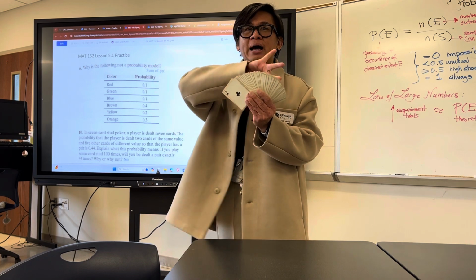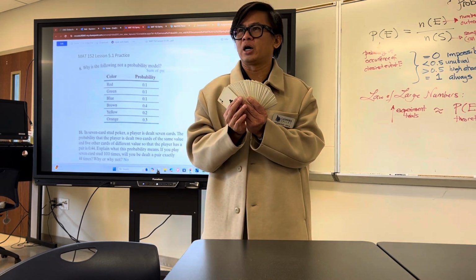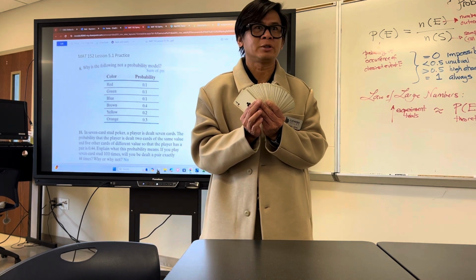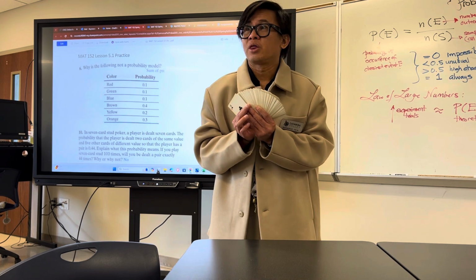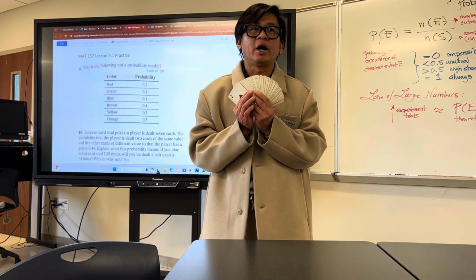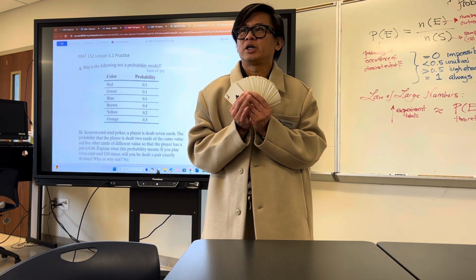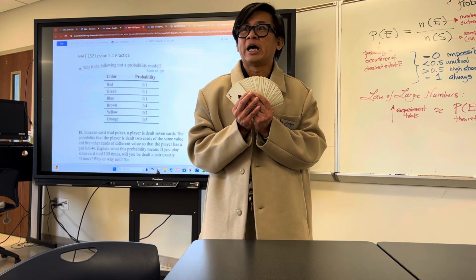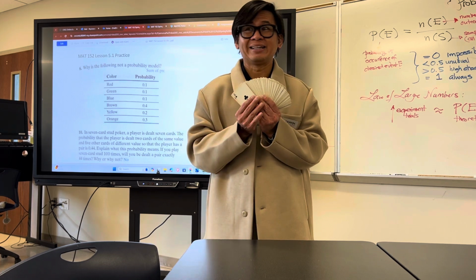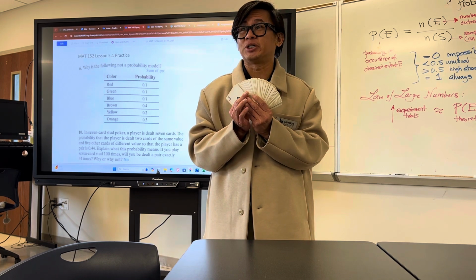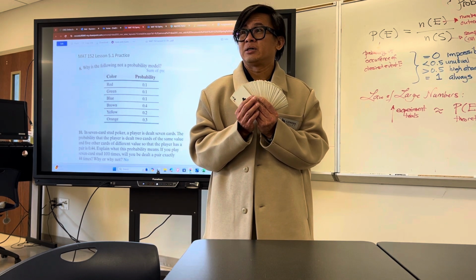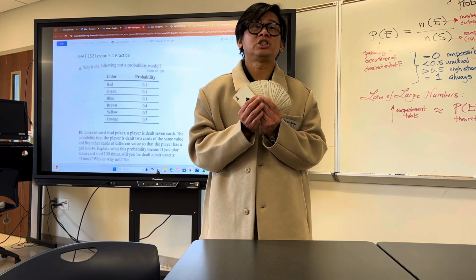Per suit, how many cards for every suit? 13 cards, right? How many number cards per suit? 9, right? 2 to 10. Get it? How many face cards per suit? Just 3, right?